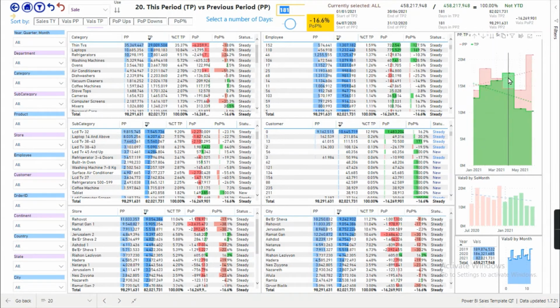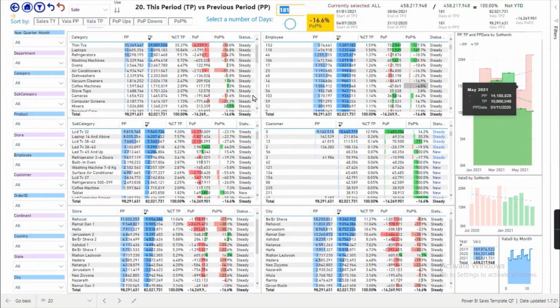This year a slow climbing, but the last 2 months, May and June, are very low. And here the low months are April and May. So we have a little problem in June.